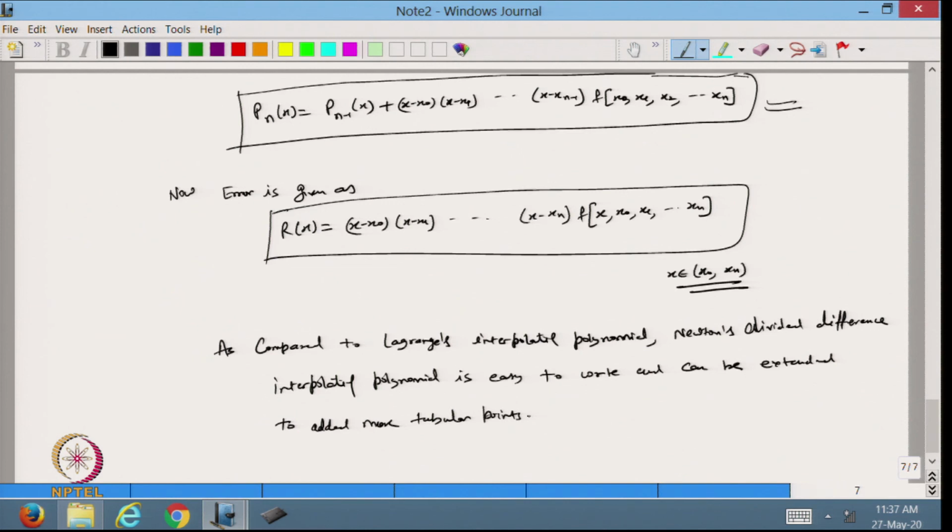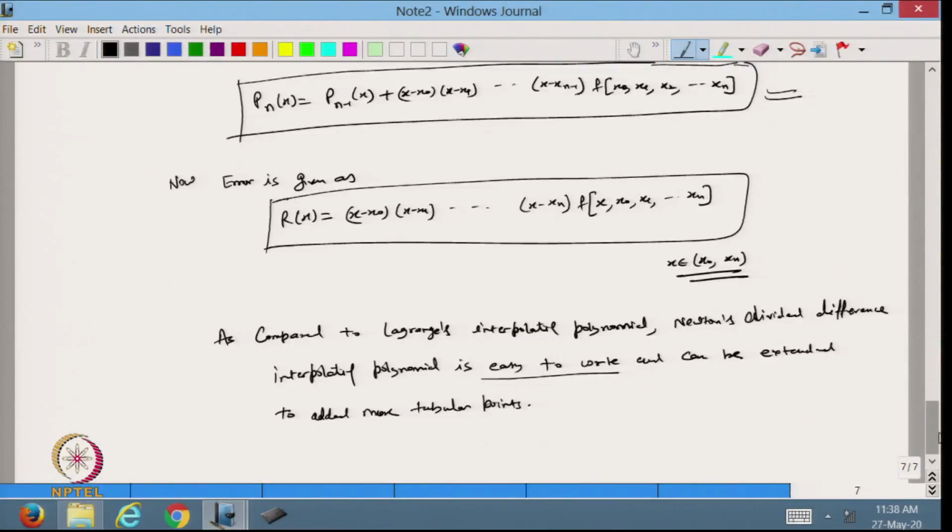So, as compared to the Lagrange interpolating polynomial, Newton divided difference interpolating polynomial is easy to work with, easy to write, because we can write it very easily, and it can be extended to added more tabular points, because in this case we are using the interpolating polynomial which is given to us for the smaller number of tabular points, as we have already discussed.